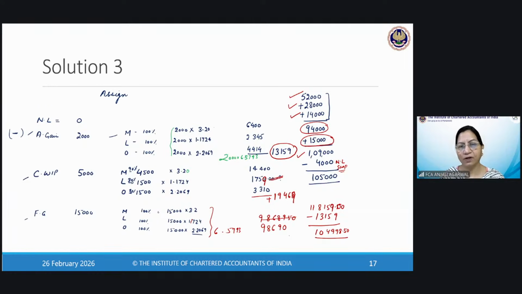I did not round, I have written a tentative figure here, and I've got the total of closing WIP. So in rounding off, I have been just a little tentative. I have kept in my mind in the background that I might have to adjust this. So I might adjust a figure here and there. Similarly, 15,000 into 6.5793 was giving me 98,689.5.